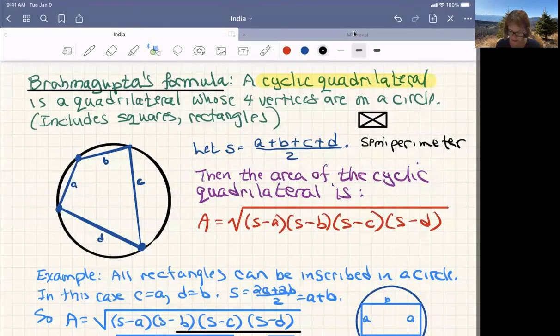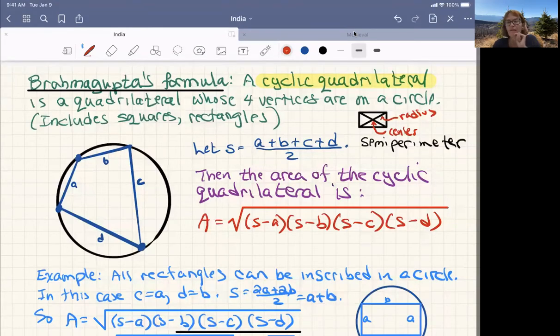Draw the diagonals, and then what's the center of the circle? It's just the intersection of those two diagonals. And then what's the radius of the circle? It's just half of a diameter. So all rectangles can be inscribed in a circle, and therefore all rectangles are cyclic quadrilaterals.